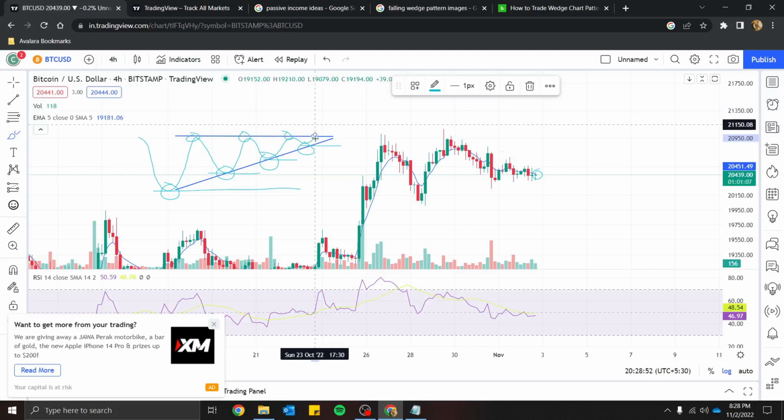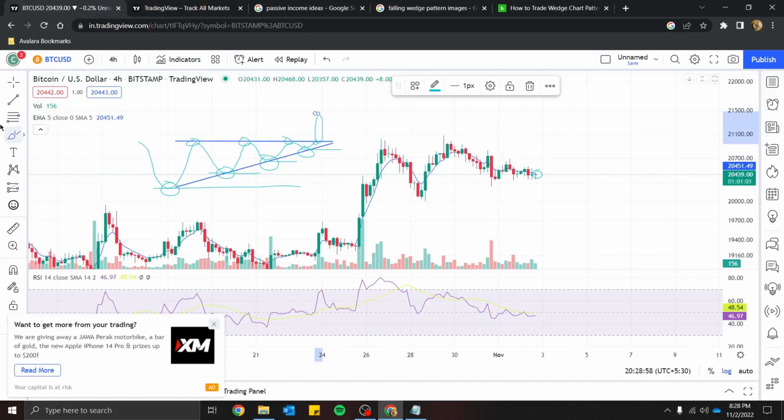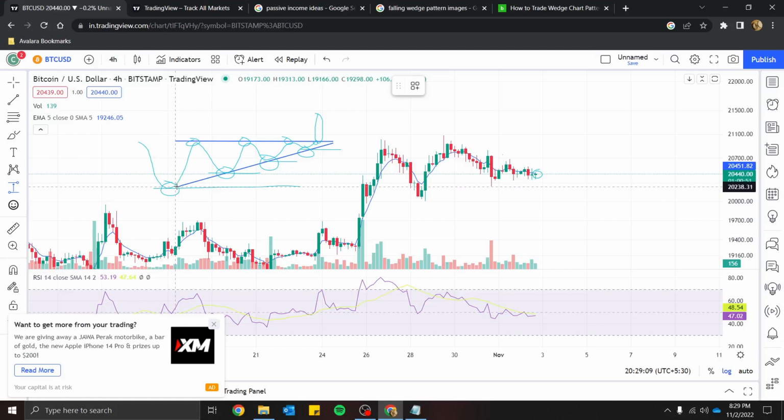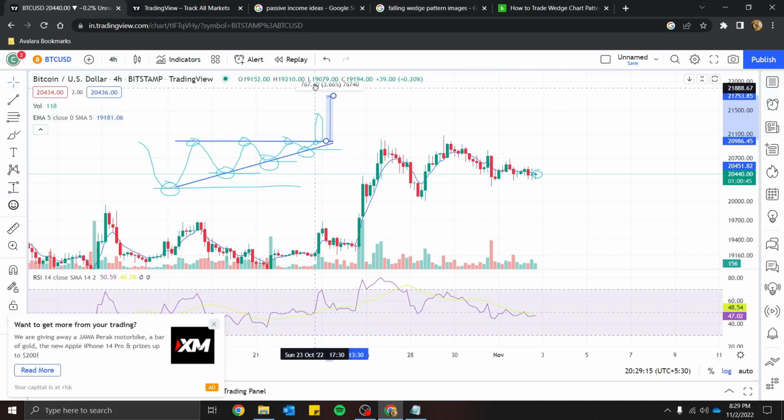So chances are very high that this trend will break in the upside direction, and our target will be more or less equal to, let me quickly plot this, the price range, the height of this side of the triangle. So this will be our target.